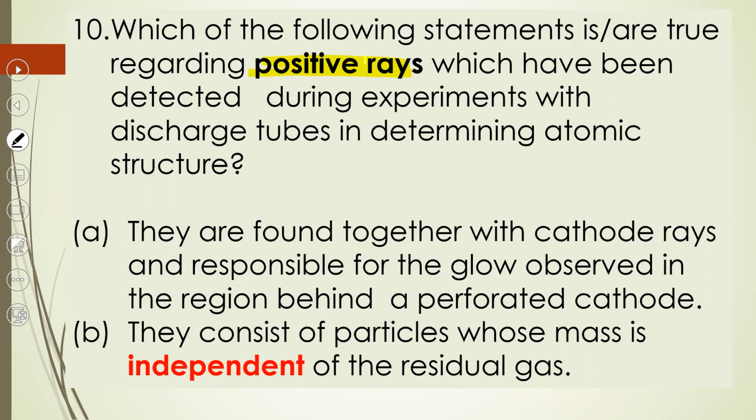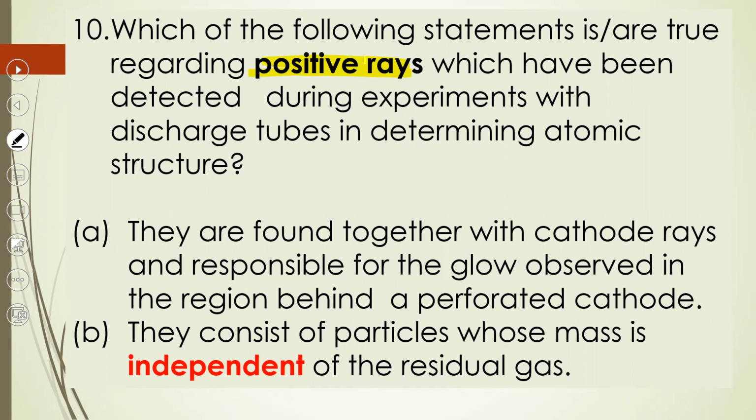They are found together with the cathode rays and responsible for the glow observed in the region behind the perforated cathode. Actually, yes, both rays, cathode rays and positive rays, are found together. When you put a hole in the cathode, only then do they observe the things very clearly.